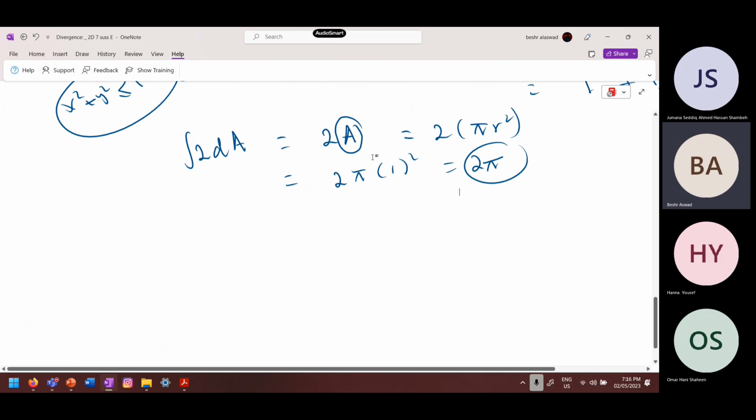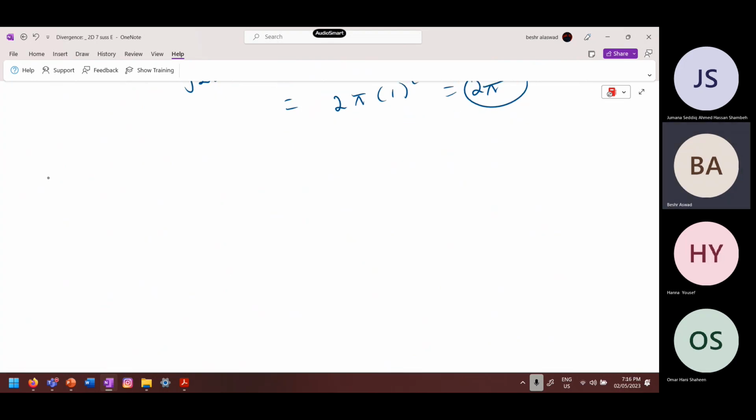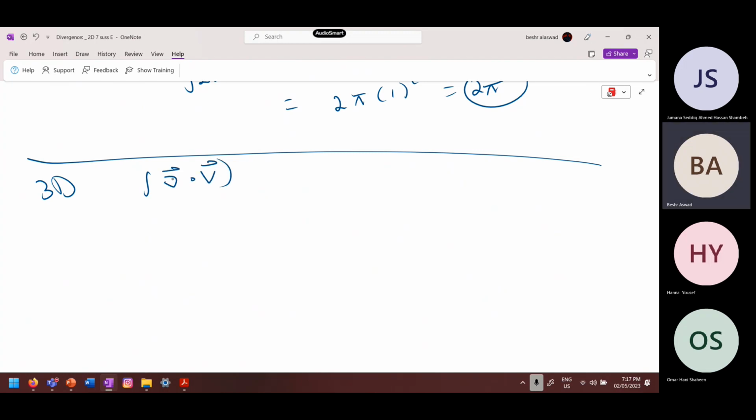Now this is a good example on 2D. Let's start with 3D. 3D is the divergence of the vector, dV. Okay, it's not wise to use line integration, so just basically stick to this.